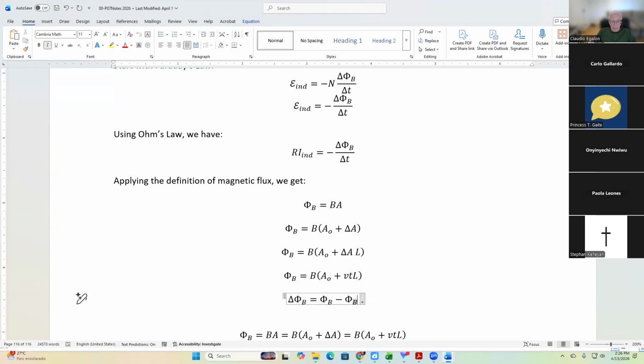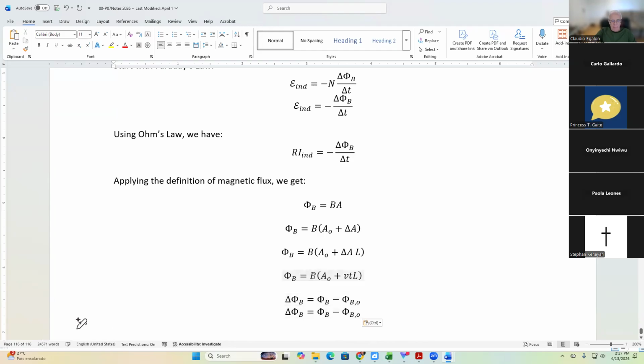Let's put it this way, initial magnetic flux. The initial magnetic flux is B times A naught, right? Make sense?